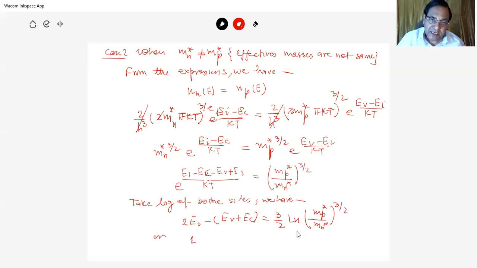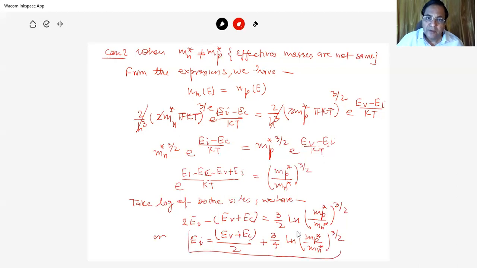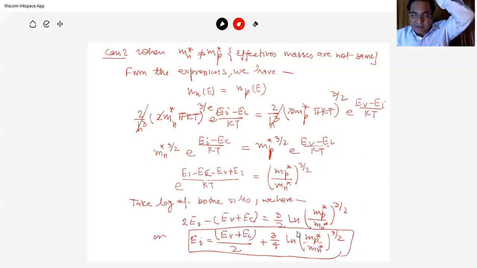Or what is Ei? Ei is equal to (EV plus EC) by 2 plus 3 by 4 ln (Mp star upon Mn star). This is the intrinsic semiconductor, and Ei is the Fermi level.